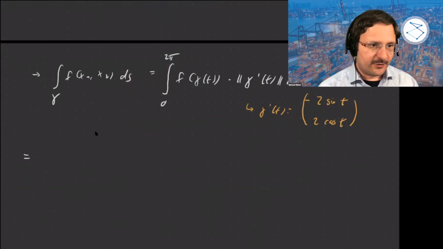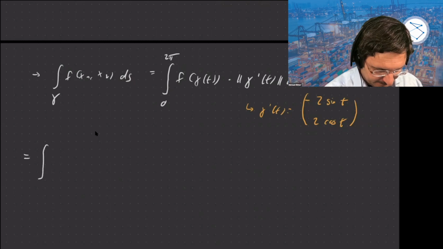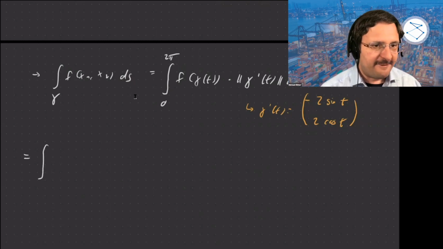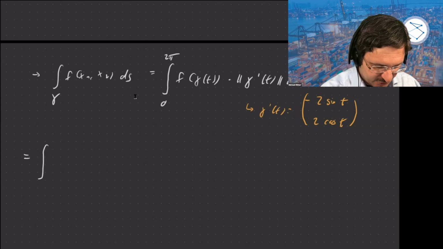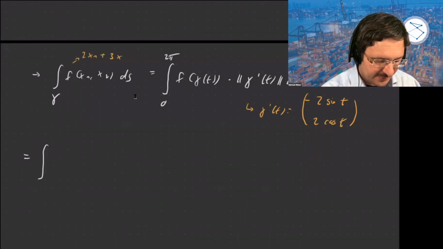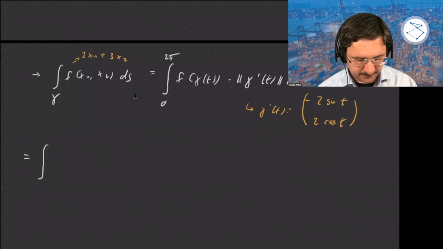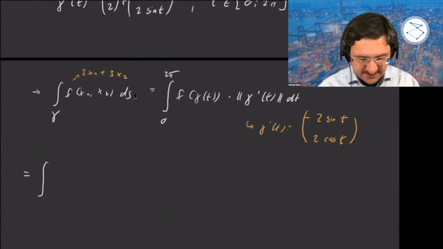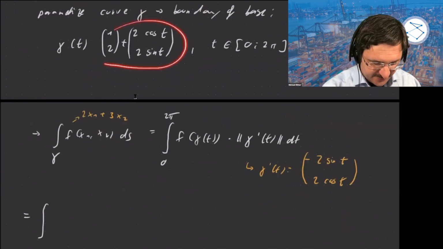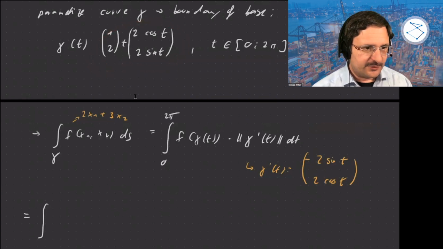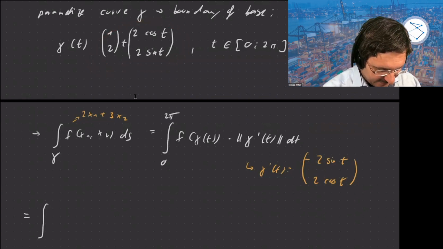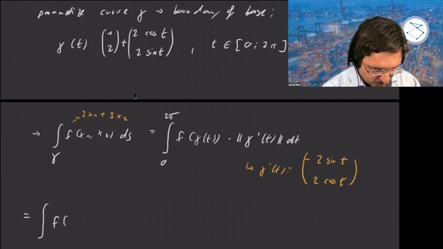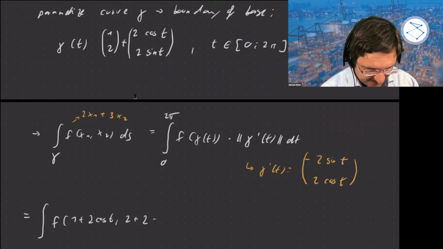And that means our integral becomes the following. Let's see. Remember, f was the function 2x1 plus 3x2. And so f of gamma of t, this here is gamma of t. So what we need to do is evaluate f at gamma of t, and that is 1 plus 2 cosine of t and 2 plus 2 sine of t.